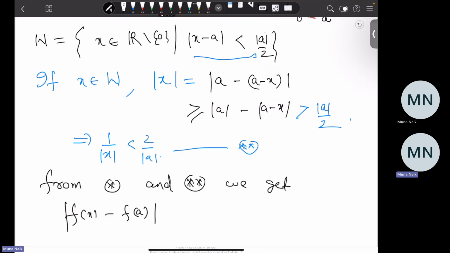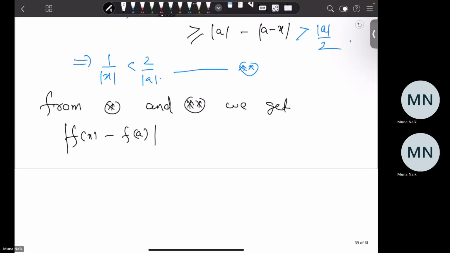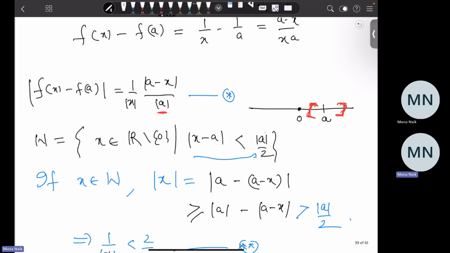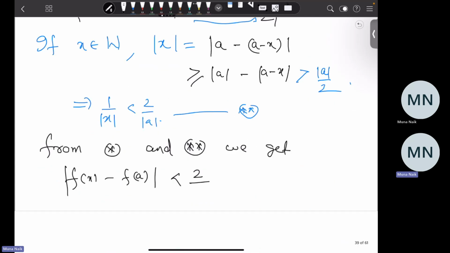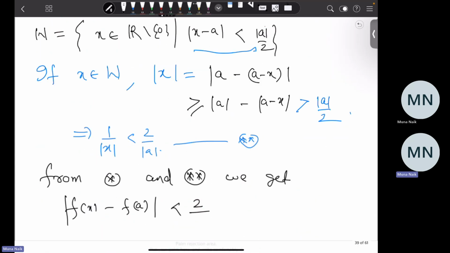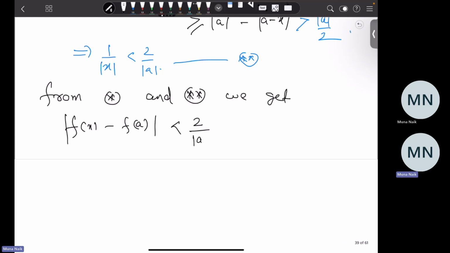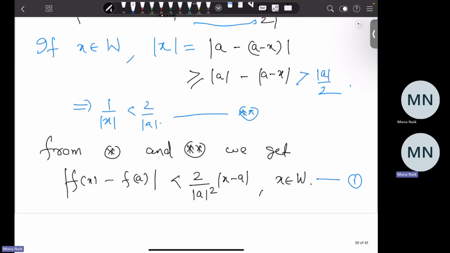This is less than, since 1 by mod x is less than 2 by mod a, if I put that in, this will be less than 2 by mod a square into mod of x minus a. This holds for x belonging to W. Call this I.